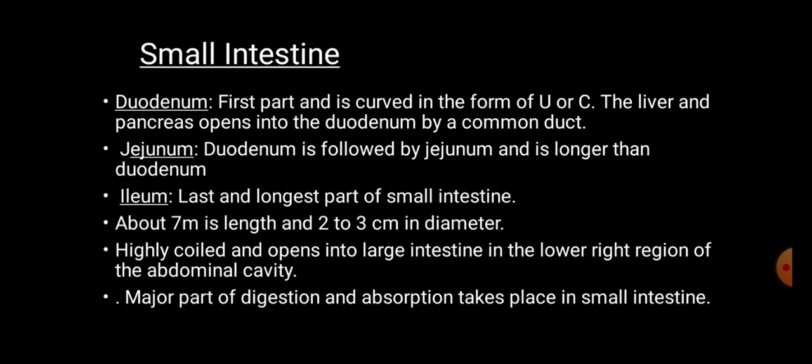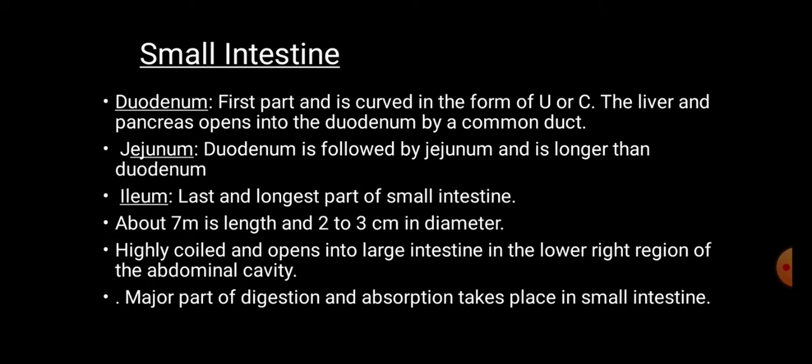The second part is called the jejunum. The jejunum follows the duodenum and it is longer than the duodenum. And the last part is the ileum. It is the longest part of the small intestine and it measures around 7 meters in length and 2 to 3 centimeters in diameter.